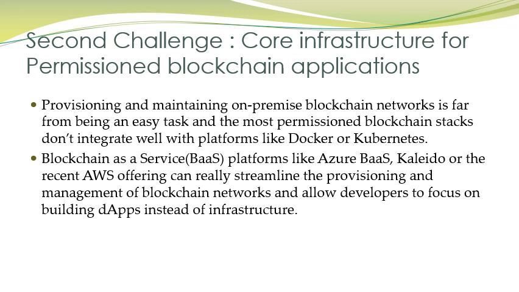So blockchain as a service platforms like Azure BaaS, Kaleido or the recent AWS offerings can really streamline the provisioning and management of blockchain networks and allow developers to focus on building the dApps instead of infrastructure.